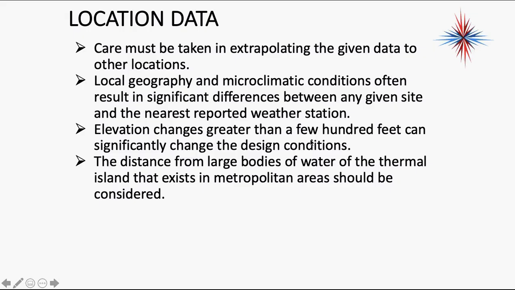Location information is extremely important because it can result in differences between any given site compared to the nearest weather station. I'm going to give you some examples of this. Elevation changes greater than a few hundred feet can significantly change the design conditions. Distances from large bodies of water matter too.